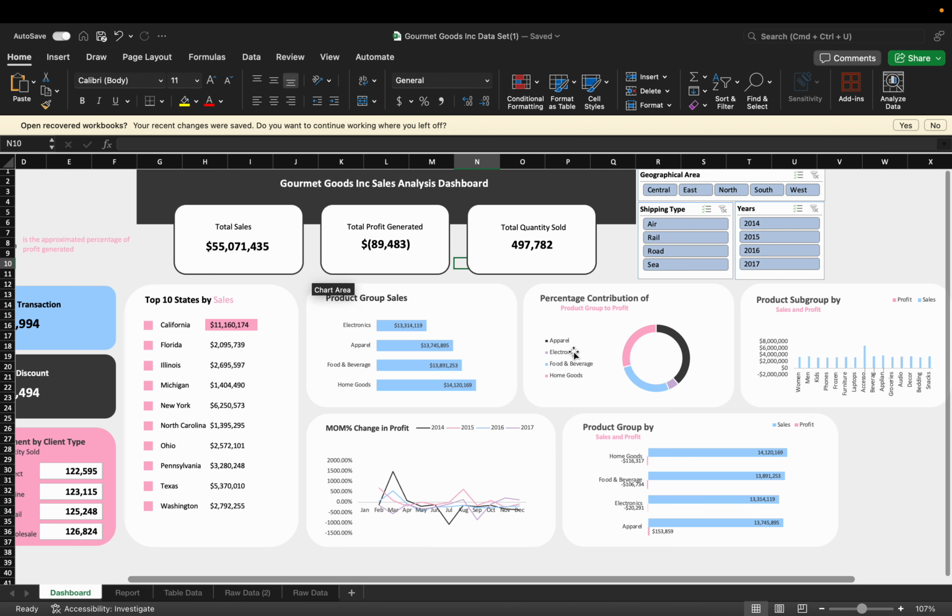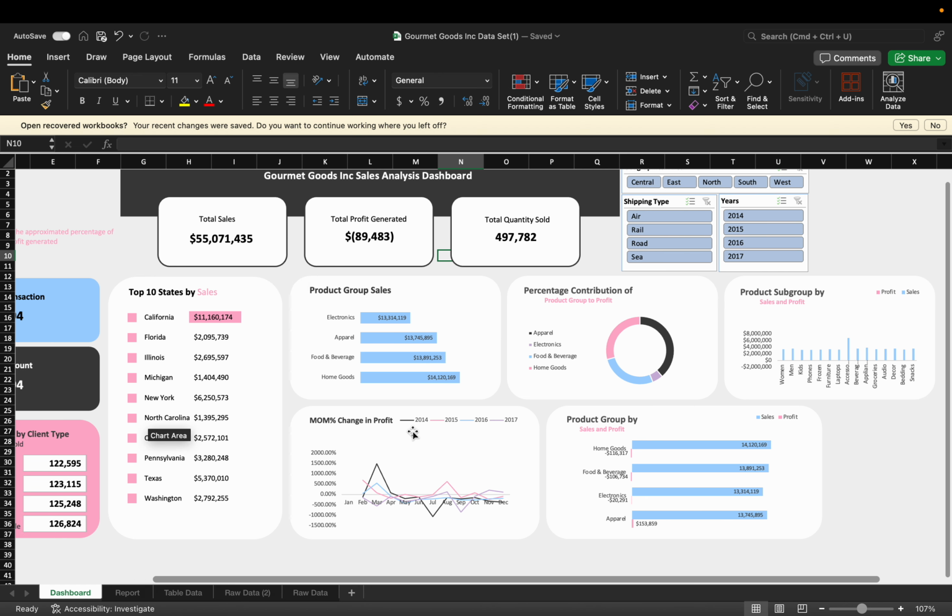Then we also look at the month-on-month change in profit for each year. We look at what the change in profit was during 2014.